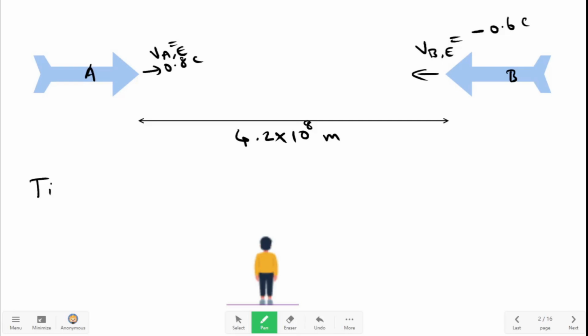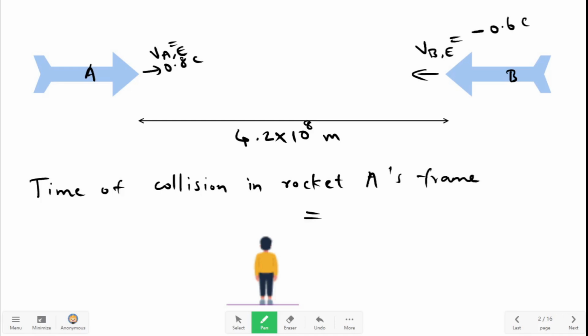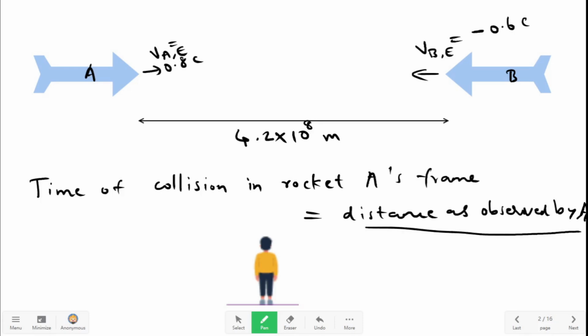Time of collision in rocket A's frame is equal to the distance as observed by rocket A, divided by the speed of rocket B with respect to A.